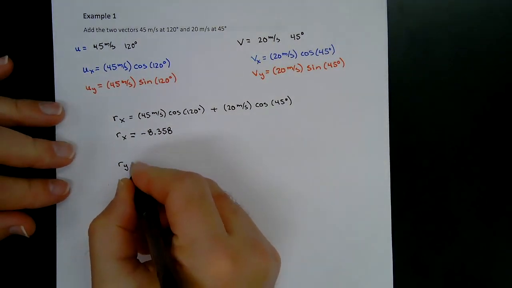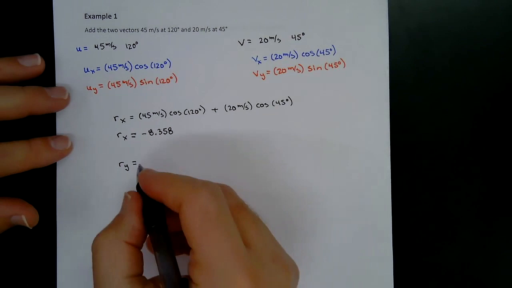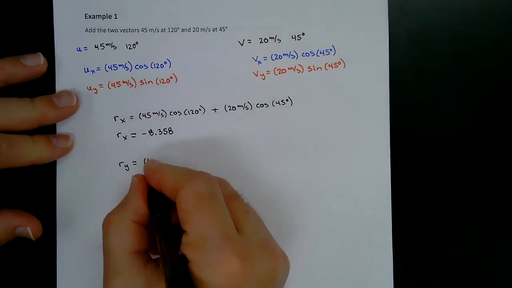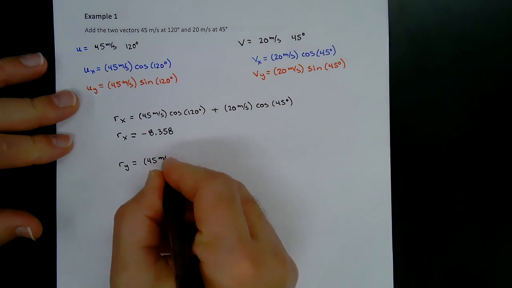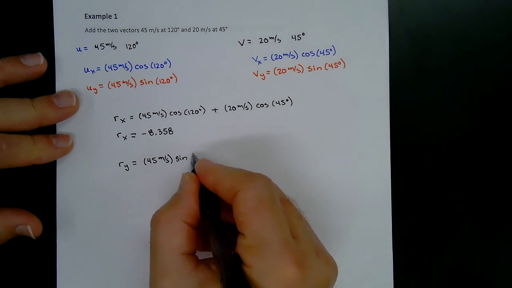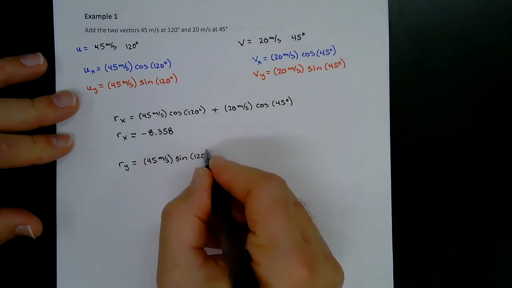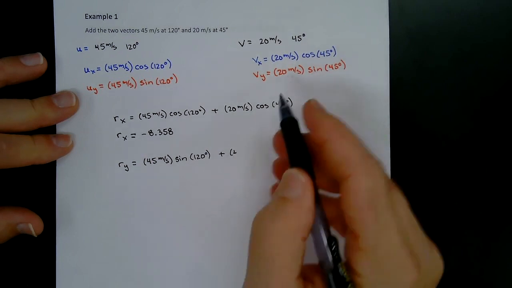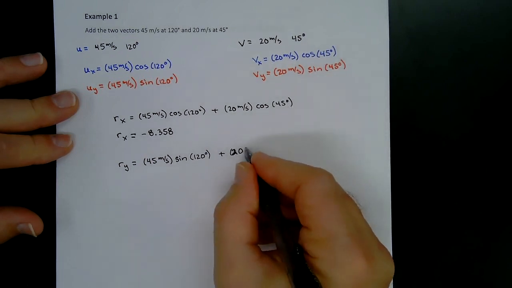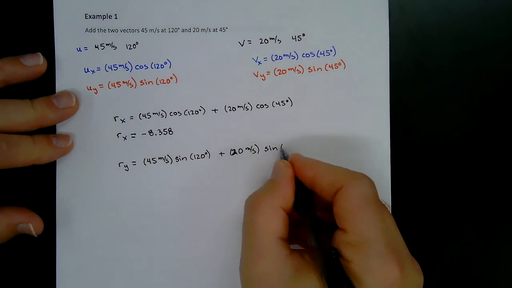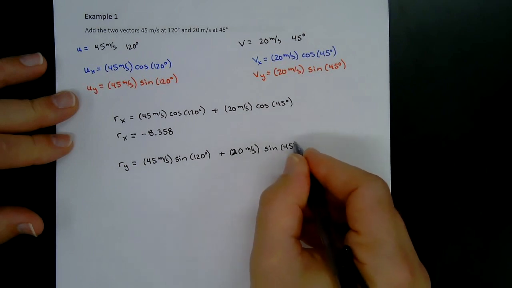So R sub Y is equal to 45 meters per second sine of 120 degrees, and then plus, not 45, 20 meters per second sine of 45 degrees.